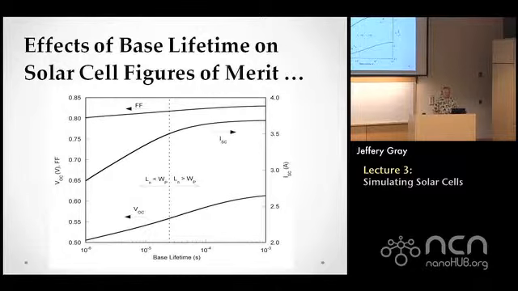We'll see the relationship between open circuit voltage and fill factor later on. But the two key ones are the short circuit current behavior here and the open circuit voltage behavior here. And as you might well guess, the better your lifetime, the better those figures of merit are.